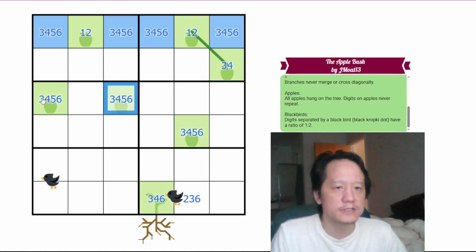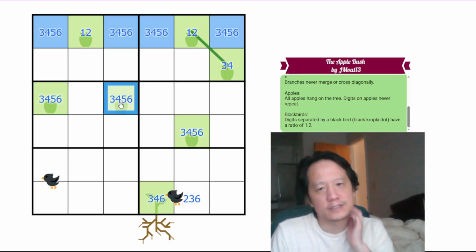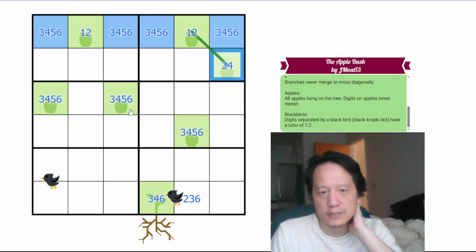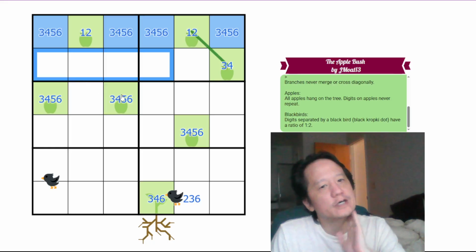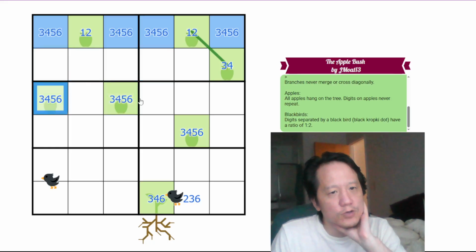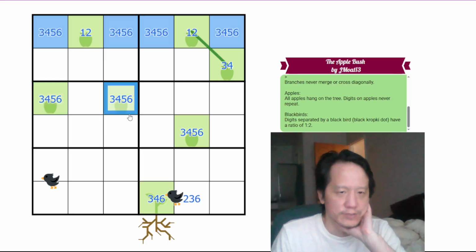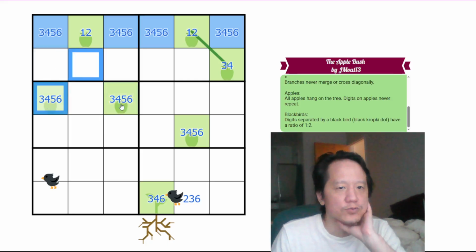So we're guaranteed that the other one has to be at least a 5 or 6, which means one of these branches up twice. So because of that, we know that one of these is 3 or 4 because only one can branch up once. And if this was 5, 6, 5, 6, they would both branch up twice. So it would have to be here, here, and here, and here.